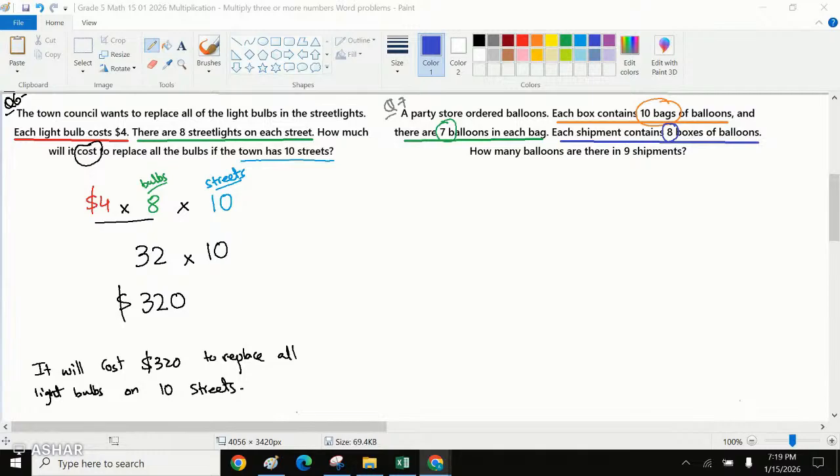So what we can say is, if we are finding for one shipment, there are 10 bags multiplied by 7 balloons per bag multiplied by 8 boxes, right? So if we multiply them, we get the answer for one shipment.